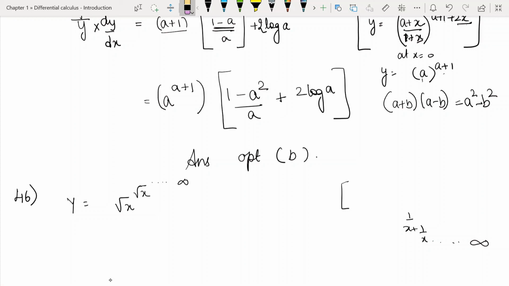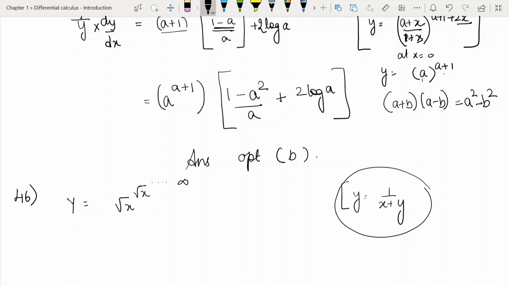So what this means is, I can say that this whole part which I'm eliminating now is nothing but y again. Now the question becomes simpler for us to start solving, right?